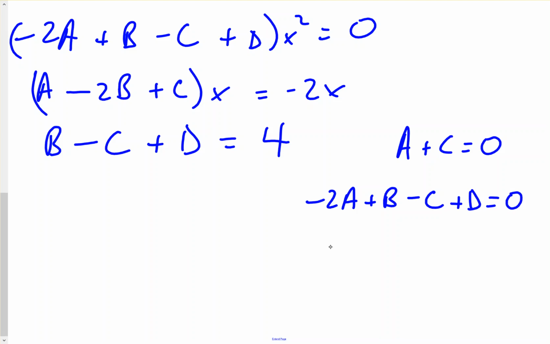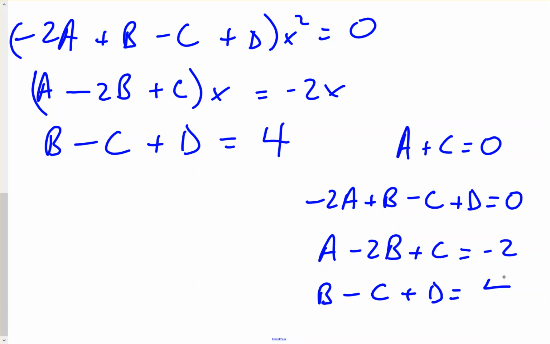A minus 2b plus c equals negative 2, and then b minus c plus d equals 4.